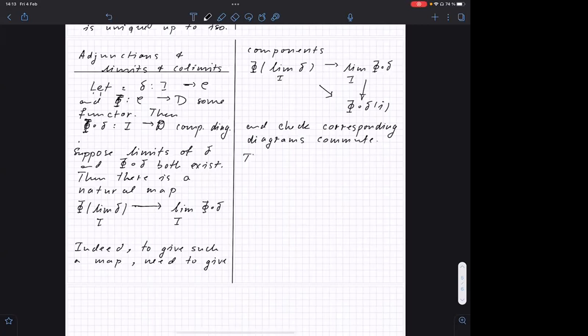So these components, let me call this pi of phi delta I. So what is this component? I look at the limit over delta. That has its own projections, the p delta i's. And so I can apply phi to those.